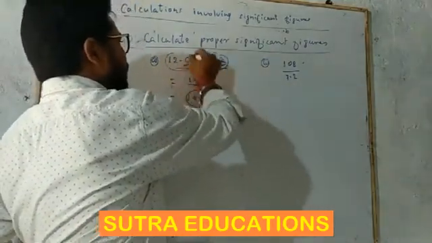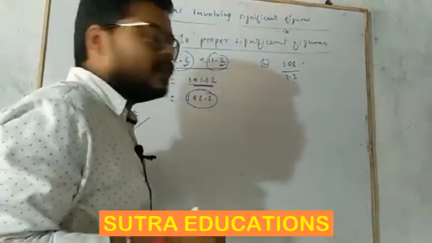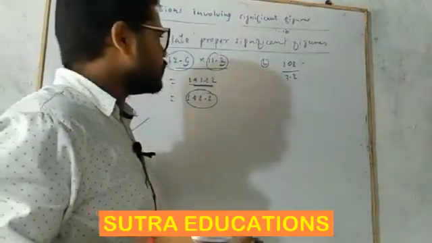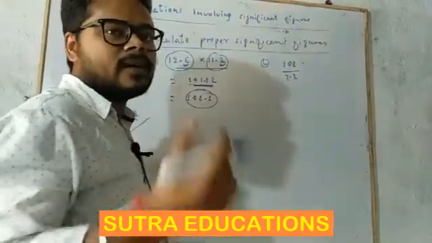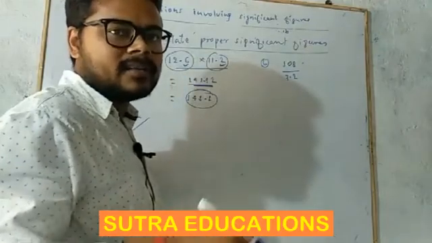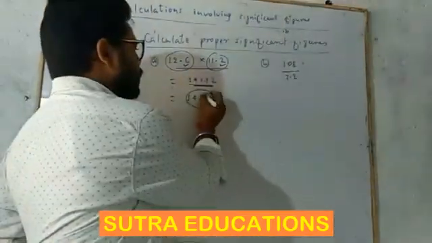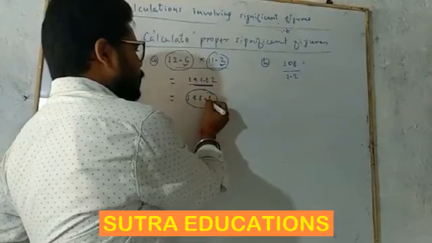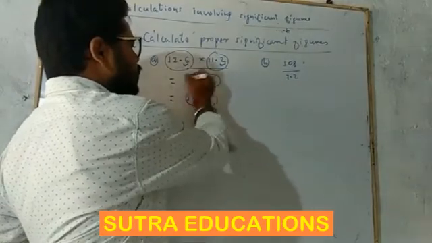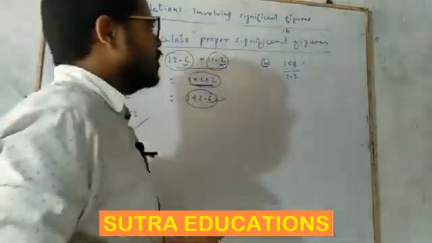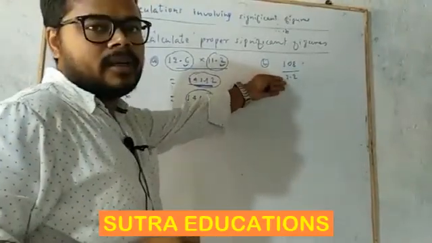So our answer should be reported in the same way. So it will be 14.1 instead of 14.12. In the same way you can calculate the other one, so do this by yourself.